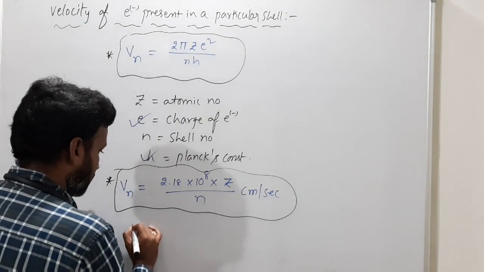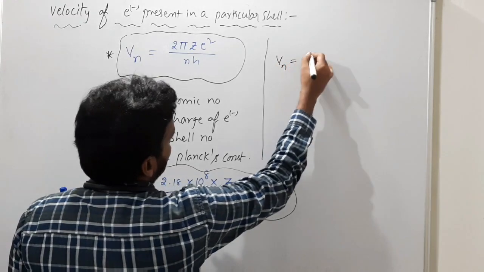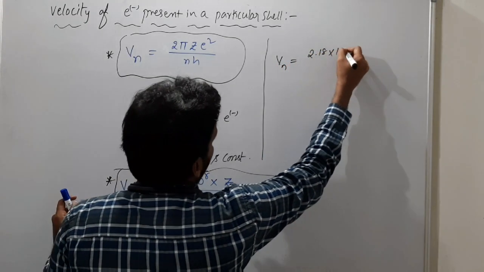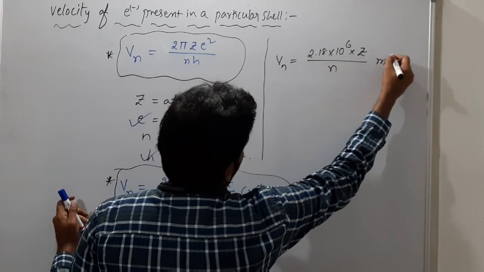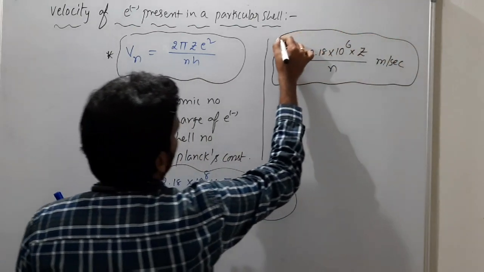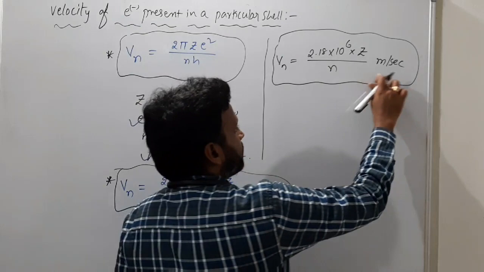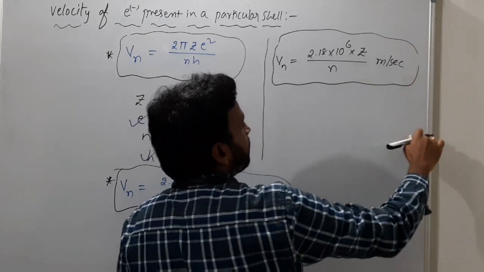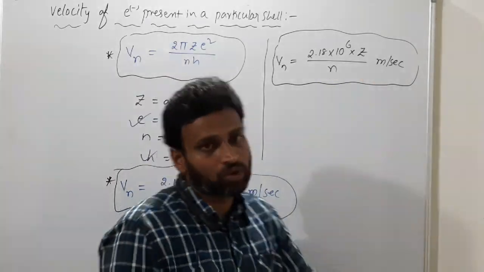So the velocity of the nth orbit is 2.18 into 10 power 6 into z by n, in meters per second. Please note it down. These are very, very important, and for solving numericals we will use all this.